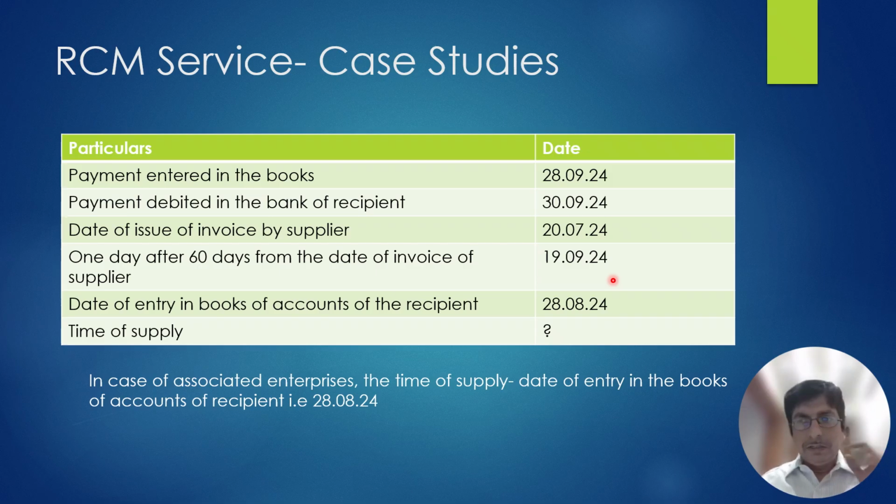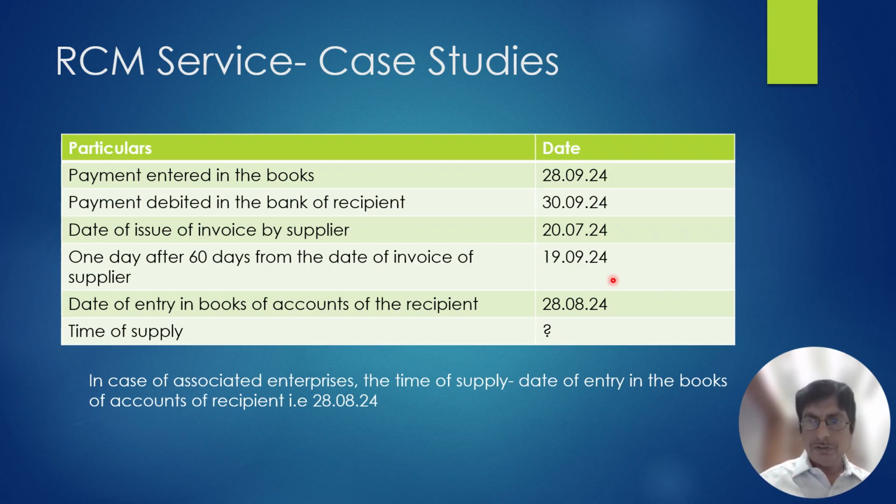Okay. There is one more point here, that what we discussed is for non-associated enterprise. Suppose there is a transaction, that is import of service, and the RCM liability is payable in case of associated enterprise. Associated enterprise has the same definition as given in section 92 of the Income Tax Act.